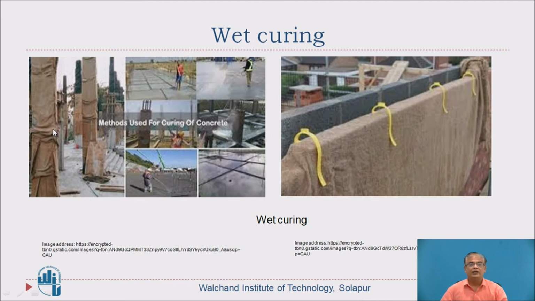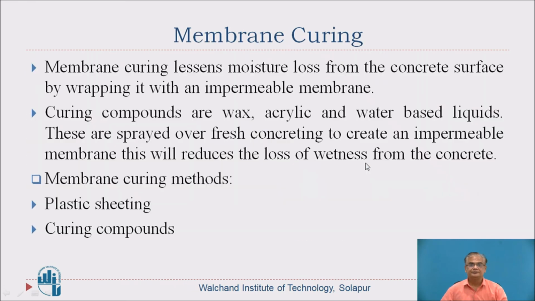They will be kept wet always, so that moisture will be remaining on the surface of concrete always, and concrete will be kept wet. On the right hand side also you can see the concrete wall is being provided with wet curing.